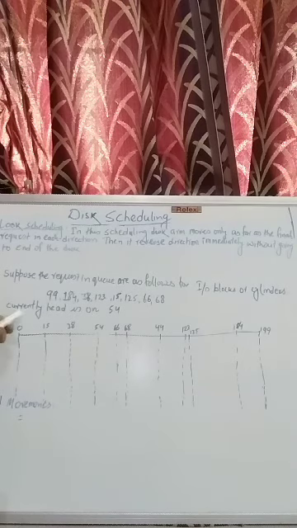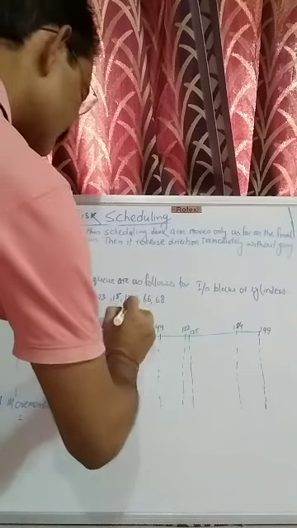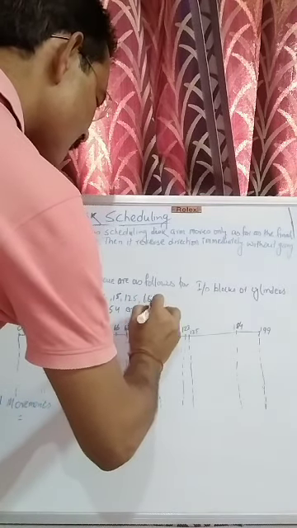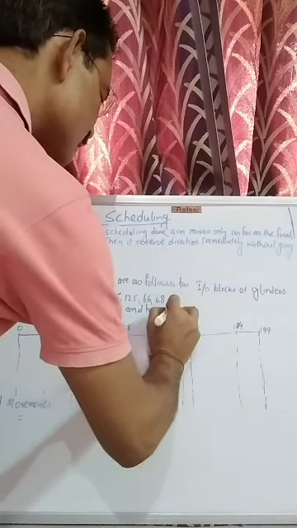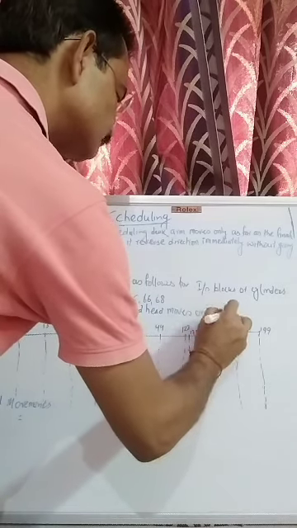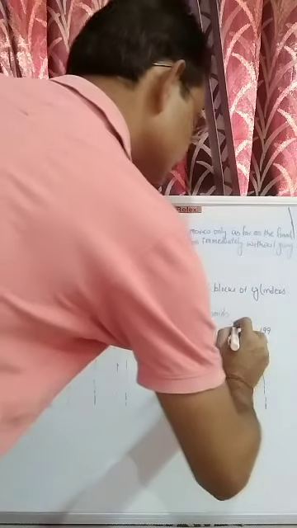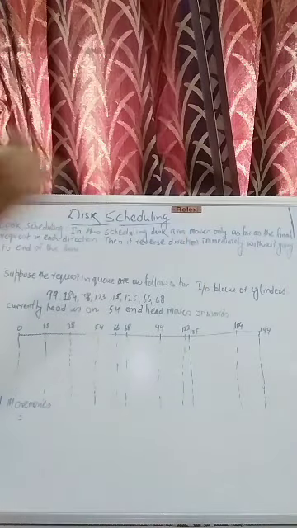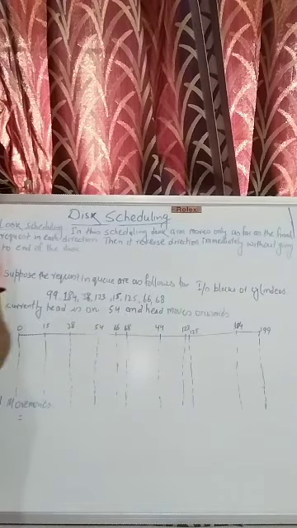And suppose currently the head is on 54 and moves onwards, that is from 0 to 199, or from the current head position, 54, in the onward direction.